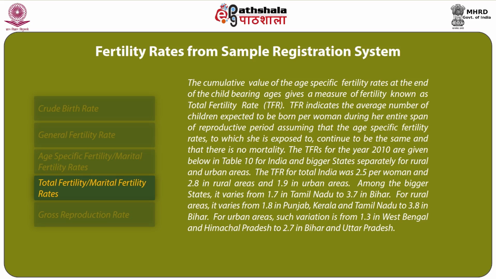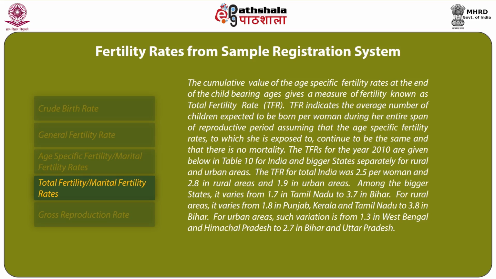TFR indicates the average number of children expected to be born per woman during her entire span of reproductive period, assuming that the age-specific fertility rates to which she is exposed continue to be the same and that there is no mortality. The TFRs for the year 2010 are given in the table for India and bigger states, separately for rural and urban areas.